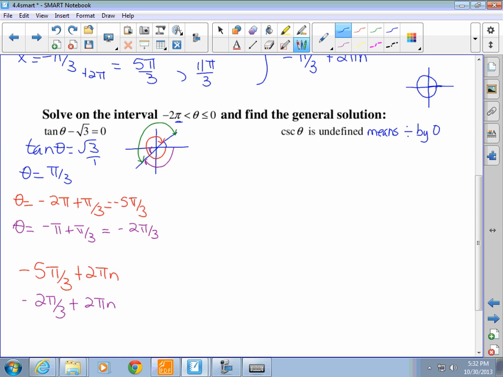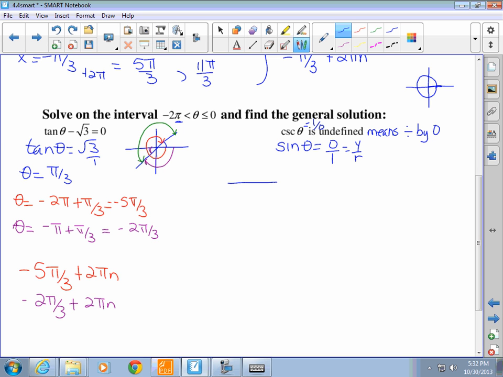Cosecant is the reciprocal of sine. So if cosecant is undefined, that means that my sine theta would have to be 0 over 1. This one would have been 1 over 0 to give me undefined. This one is sine is equal to 0 over 1. So that means my y has to be 0 and my r has to be 1.